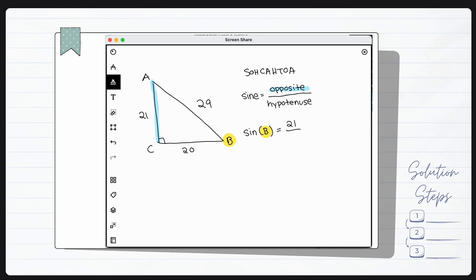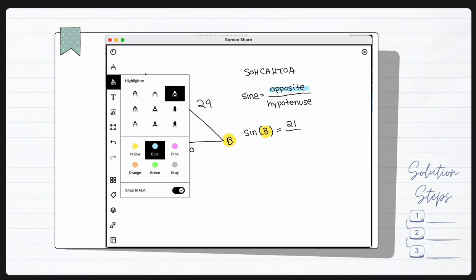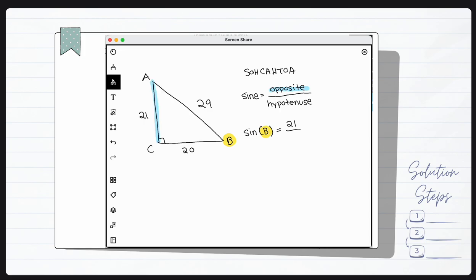And hypotenuse is always the side that is the longest in our triangle. So in this case, the longest side is that 29. So it's 21 over 29. We can't really simplify that anymore, so that is going to be our answer.